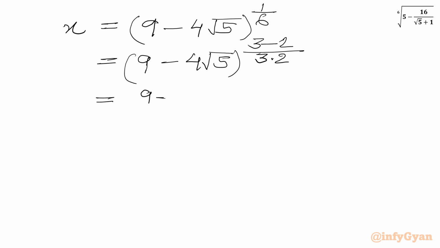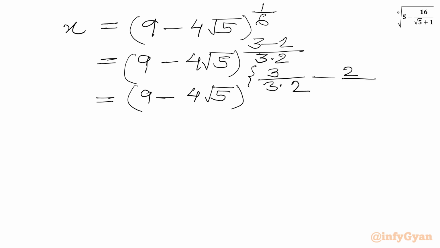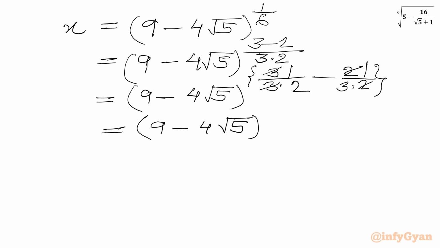Now 9 minus 4 square root 5 with power 3 over 3 times 2 minus 2 over 3 times 2. Here we will cancel 3 with 3 and 2 with 2. So I can write 9 minus 4 square root 5 with power 1 over 2 minus 1 over 3.